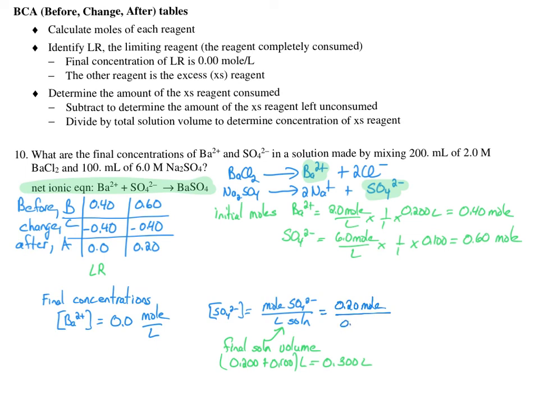So that's 0.300 liters, and we do the division, 0.6666 moles per liter. We can justify 2 sig figs, so this is 0.67 moles per liter.